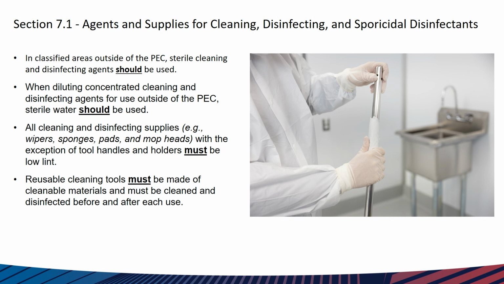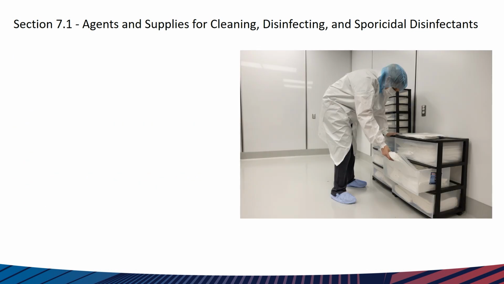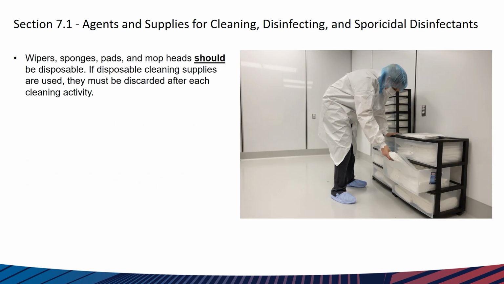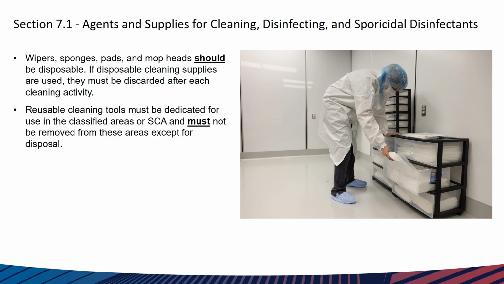Then I can clean and disinfect the room, and then I'll need to clean and disinfect that mop handle again before I place it in its storage space. Continuing on with what the chapter requires for our supplies, the wipes, pads, and sponges should be disposable. So that's a best practice to use disposable cleaning products versus the relaunderable type of mop. That is a should in the chapter.